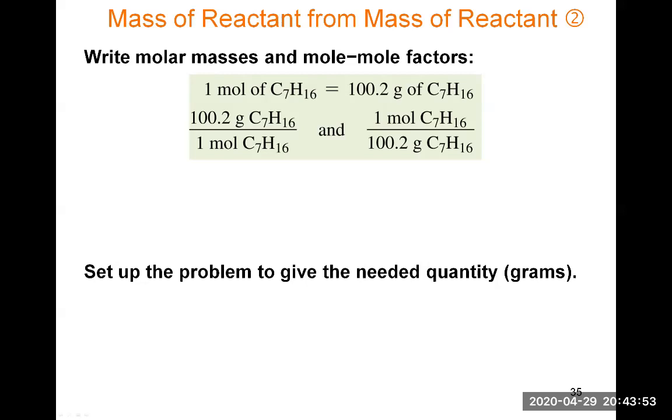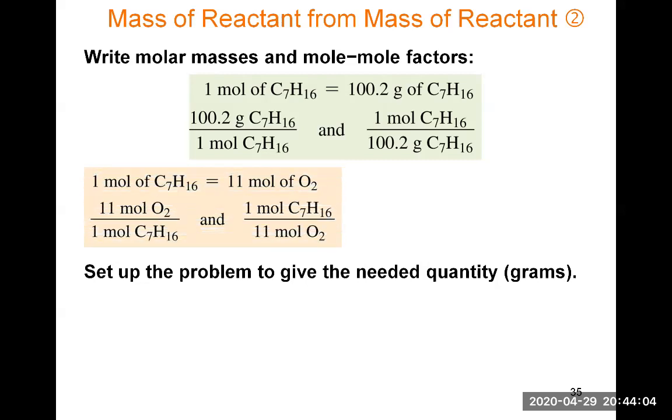The second equality we will need will change the moles of heptane to moles of oxygen. And this was shown in the balanced chemical equation that was showing a coefficient of 1 in front of heptane and 11 in front of oxygen. And so we can write that 1 mole of heptane will react with 11 moles of O2.